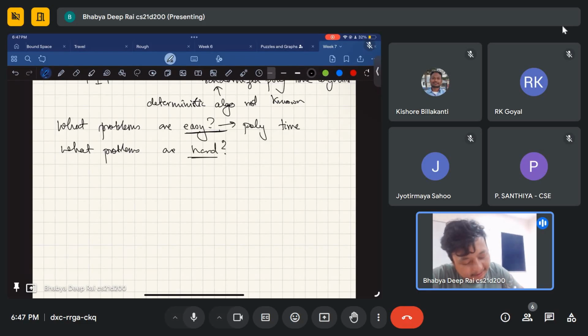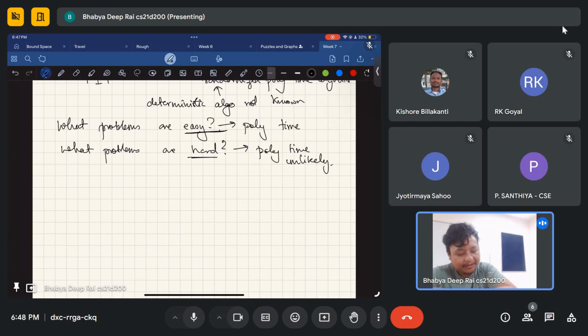And loosely, this means that, let's say, polynomial time is unlikely, so maybe exponential time. I don't mean that it will definitely take more than polynomial time, but it looks like it may be a harder problem.